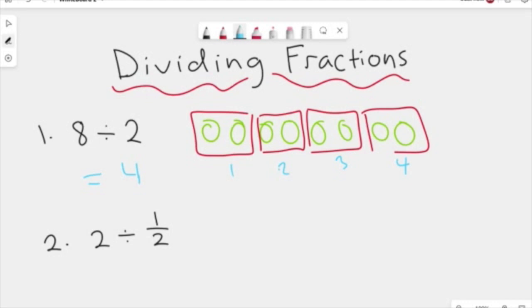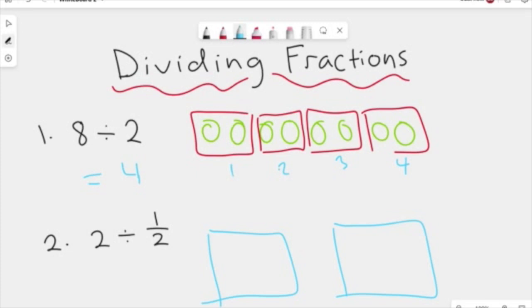Now, this second example is a bit problematic. Sorry, you'll have to excuse the plane flying over. When we divide 2 by a half, well, it looks a bit trickier because we have a fraction this time, but the same principle remains. Now, let's see why this is. So, I have, for example, 2 squares, right? And I'm essentially asking myself the same question.